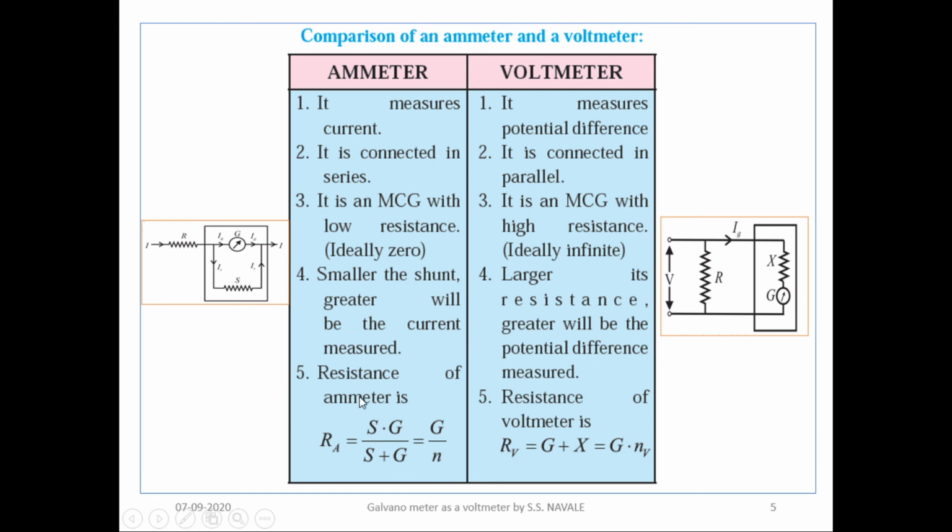Next point is that the effective resistance of the ammeter is Ra equals S into G divided by S plus G, which equals G upon N, where N is the factor by which the current range is increased. For the voltmeter, the effective resistance Rv equals G plus X, which equals G into Nv, where Nv is the factor by which the voltage range is increased.